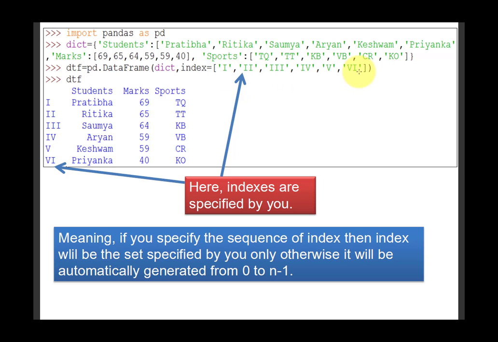These all are the index values 1 to 6, because how many values are there? 1, 2, 3, 4, 5, 6. So I assigned 1 to 6 Roman values. Clear? So here I have specified the index.